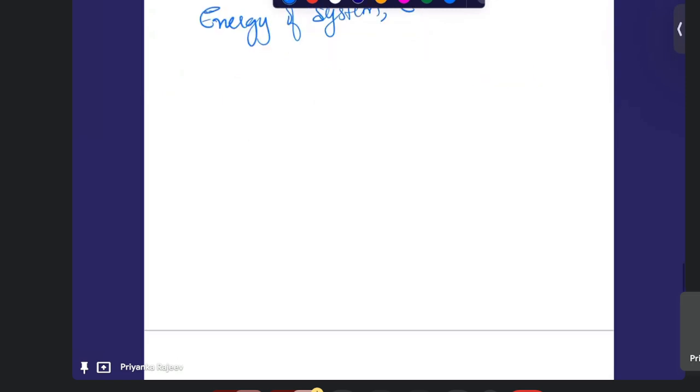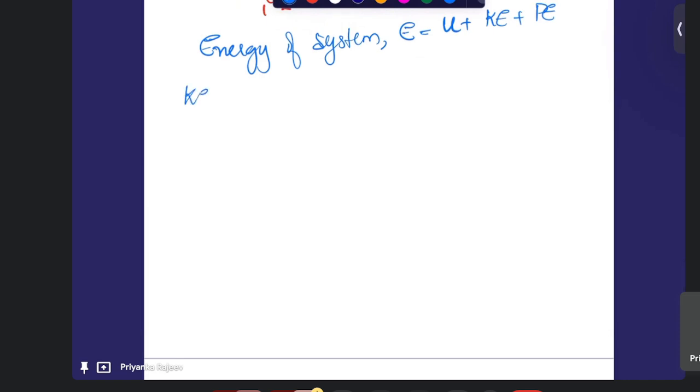Kinetic energy, the expression is half mv square. Potential energy is the integral of F dz, or in a gravitational field it is mg dz, where z is the normal height from the potential field.